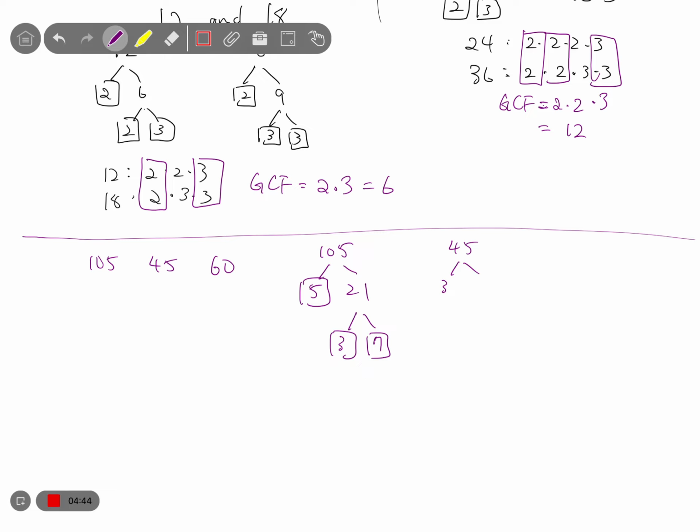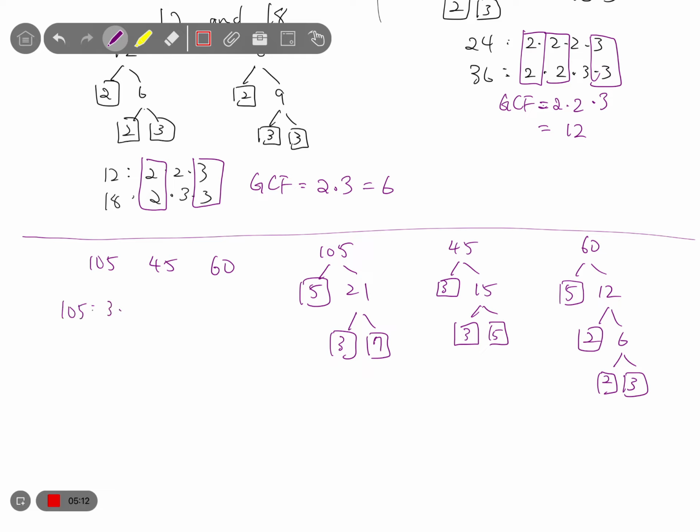45 is 3 times 15. And 15 is 3 times 5. And 60 is 5 times 12. And 12 is 2 times 6, and 6 is 2 times 3. So what we end up having is 105 is 3 times 5 times 7. 45 is 3 times 3 times 5.